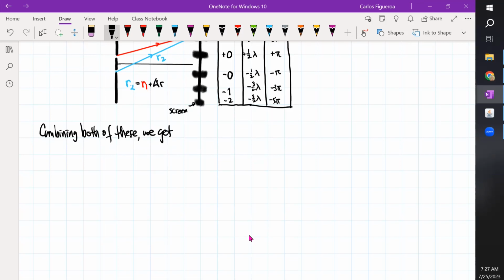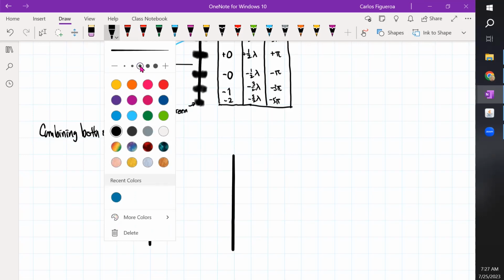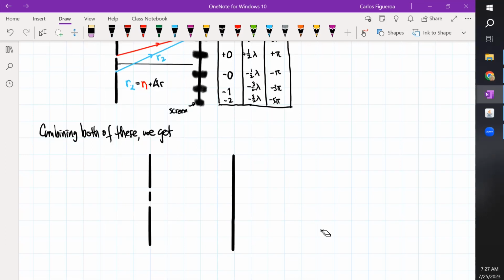So I'm going to set up my two slits. I'm going to come in, and it's going to look something like this. And then I'm going to have my screen over here. I'm going to have my central line. My central line goes right here.